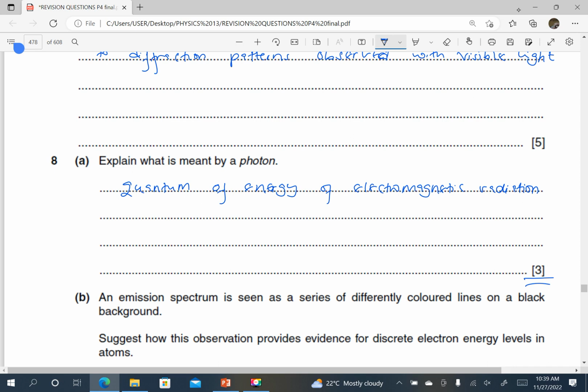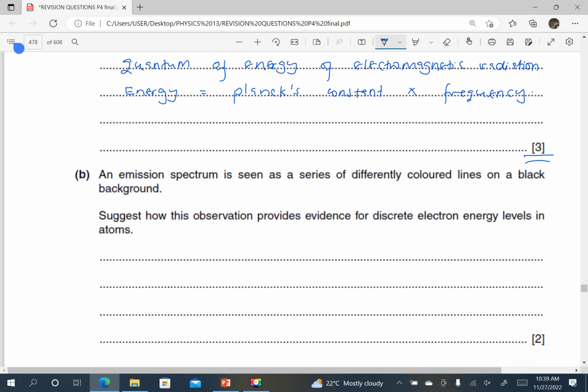A quantum of energy of electromagnetic radiation, and the energy of electromagnetic radiation is equal to Planck's constant times the frequency. Energy is equal to Planck's constant times the frequency.